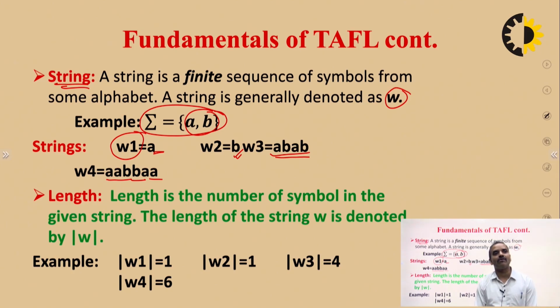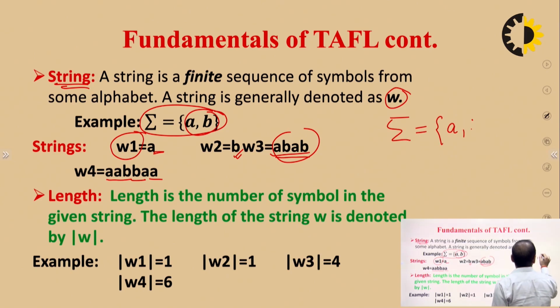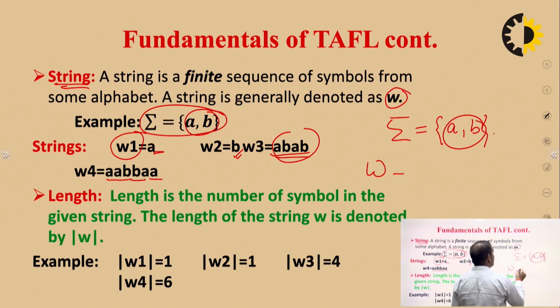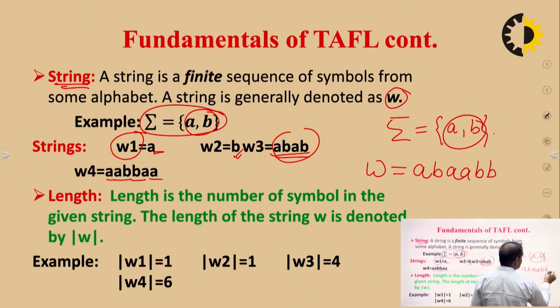That sequence is called a string. The length of a string may be any number, because sigma contains A, B, so from A and B we can obtain any sequence like this, and this sequence is called a string.